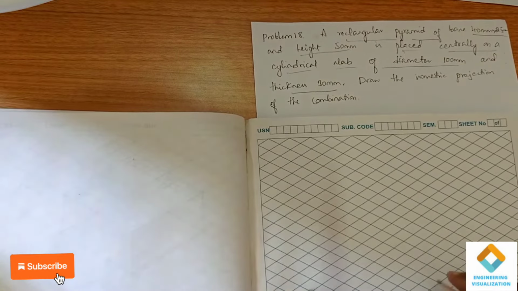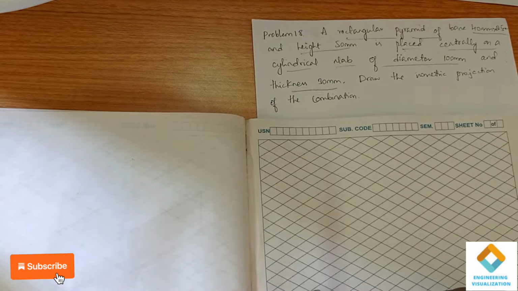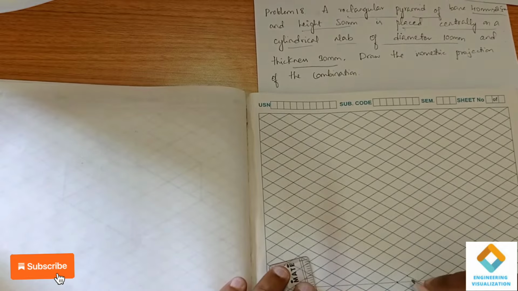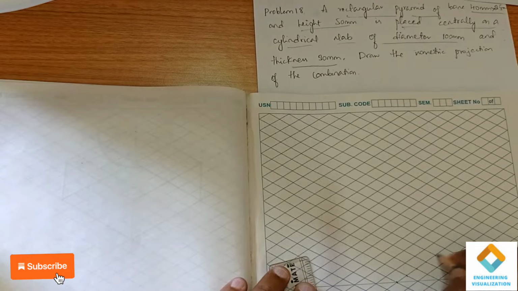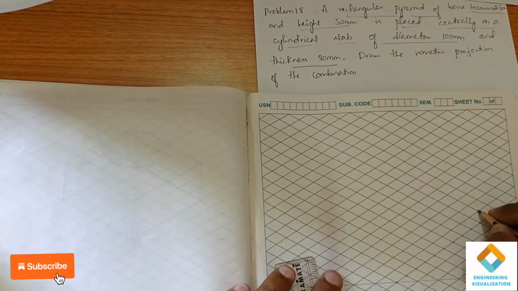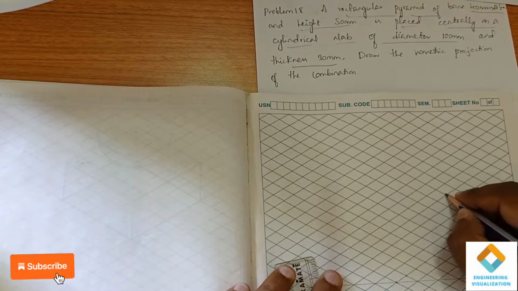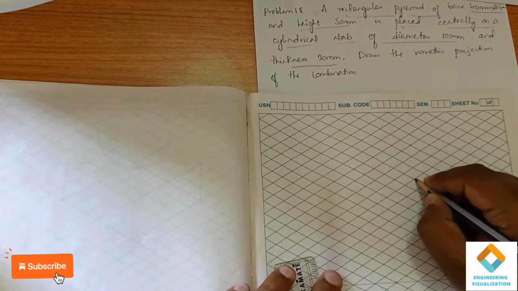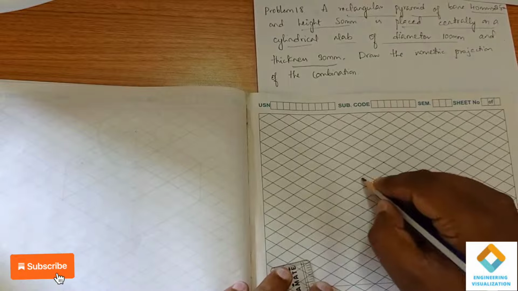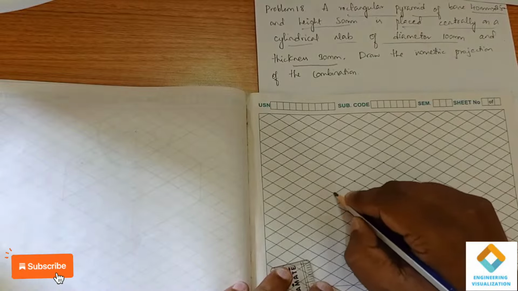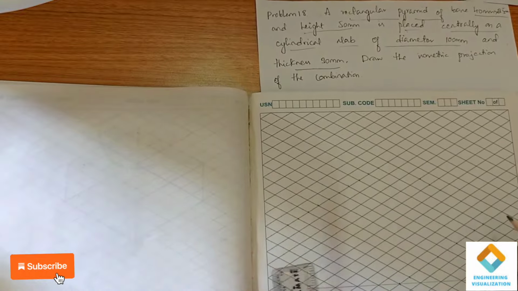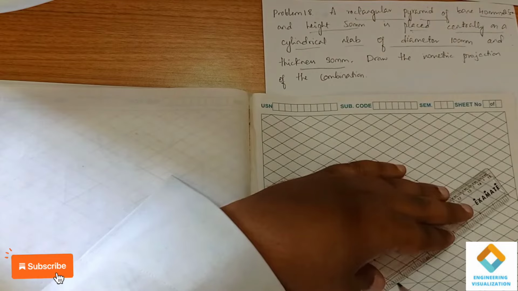From this reference point, 100 means 10 boxes: 1, 2, 3, 4, 5, 6, 7, 8, 9, 10. So first we will construct a box of 10 here.